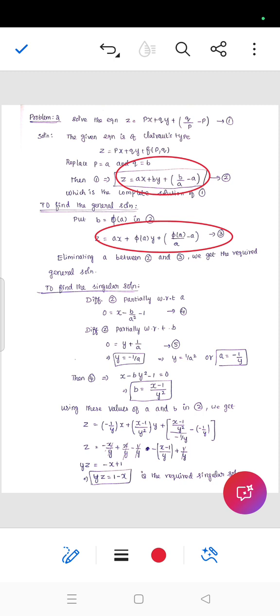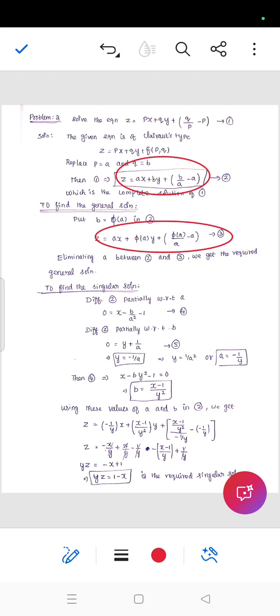So then equation number 4 becomes b divided by a square minus 1, so that b is obtained from this in terms of x and y, and a in terms of y.